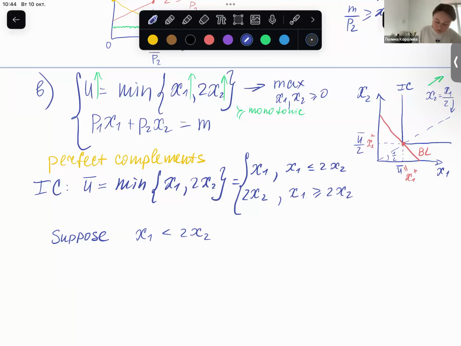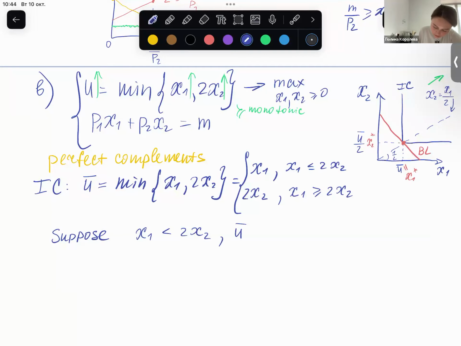But in this situation, the utility level equals the minimum, x1. Yes? And we can improve such a situation because we can increase the consumption of x1, such that the utility level will increase. How can we do it?